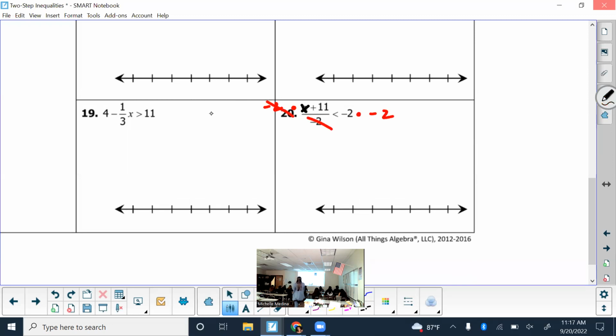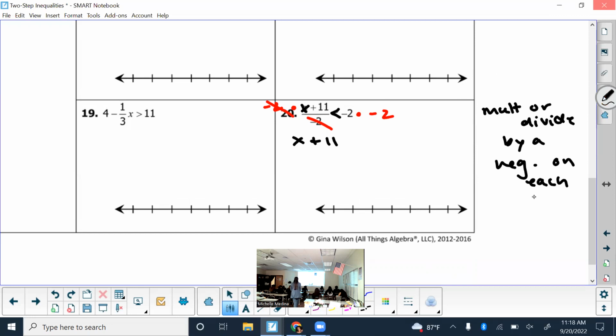Do I need to flip the inequality symbol when I do that? Well, what's the rule? Do you flip the symbol when you multiply or divide by a negative on each side?